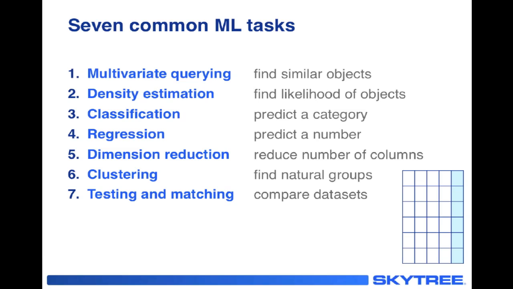Density estimation, that arguably is your first and most fundamental statistical task. I have drawn here a little cartoon of your data matrix, where the rows are your objects and columns are your features. And the colored one at the end, that's your special column. That's what you want to predict if it's a prediction problem. Now, almost all of these can actually be cast formally as prediction problems, even unsupervised things.